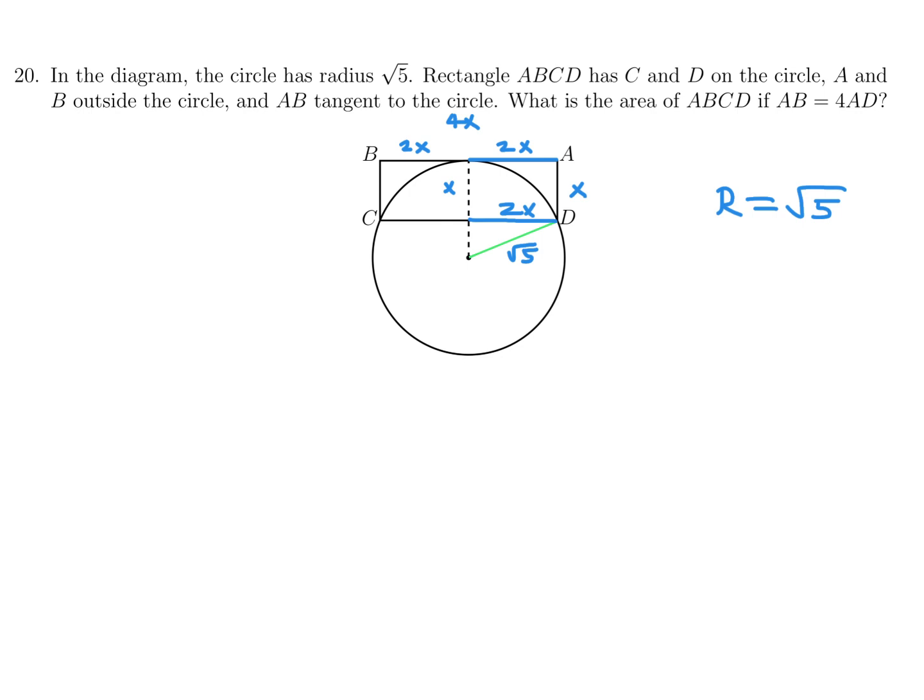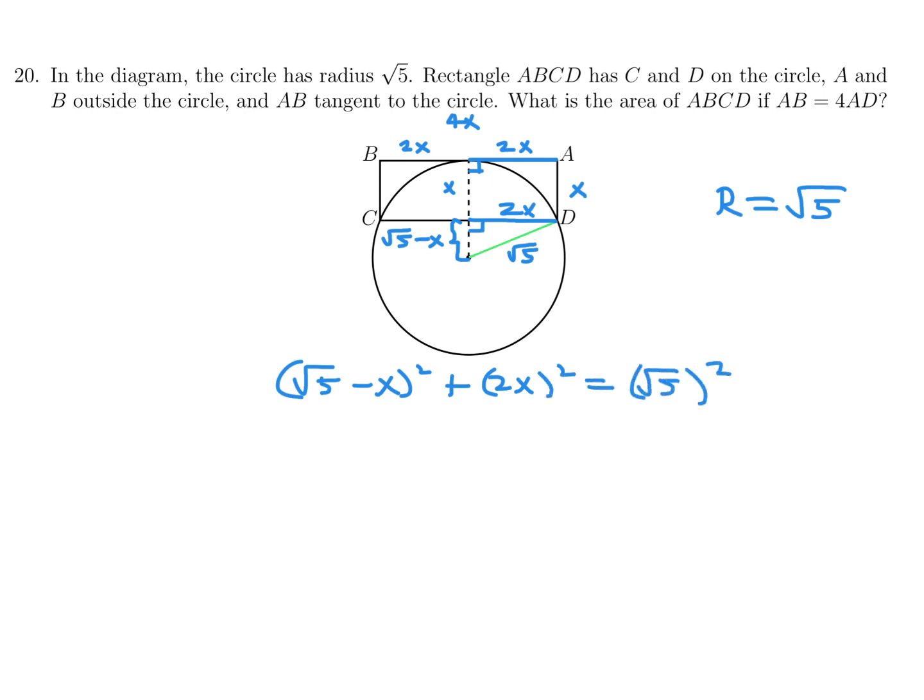So this right here, that's going to be the radius minus that x. Okay, and then this is a right angle the way it's been drawn. So therefore that triangle we can use to make a Pythagorean relationship. So (√5 minus x) squared plus (2x) squared is equal to (√5) squared.